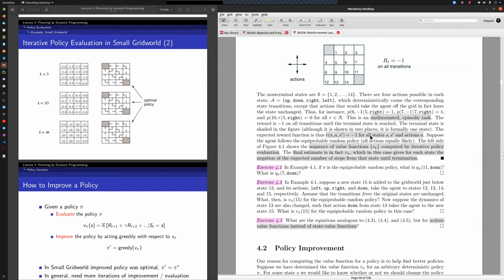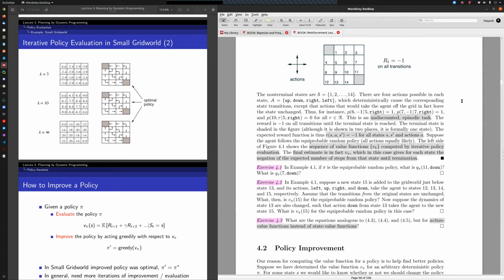The actions take this agent from state 15 to, if we treat it as if it were 13 for actions left and right, then for the equiprobable policy we would take a quarter of each.